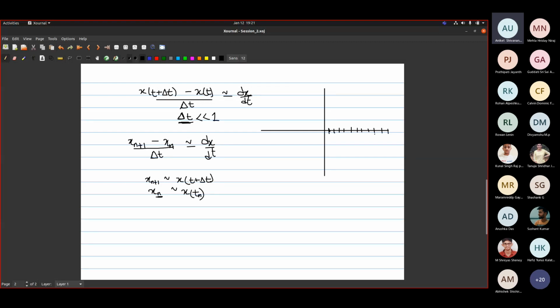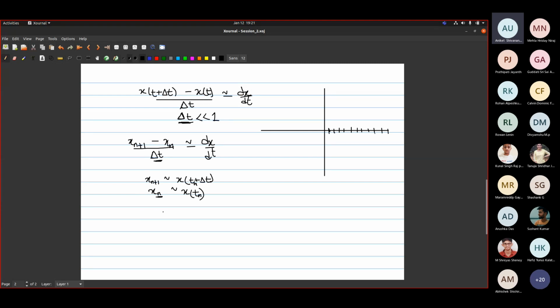So the nth time corresponds to xn. Similarly, xn plus 1 corresponds to x at tn plus a discretization constant. It's not actually called a discretization constant, but let's just call it that heuristically.